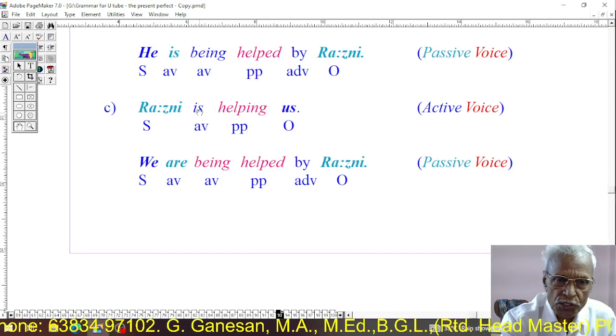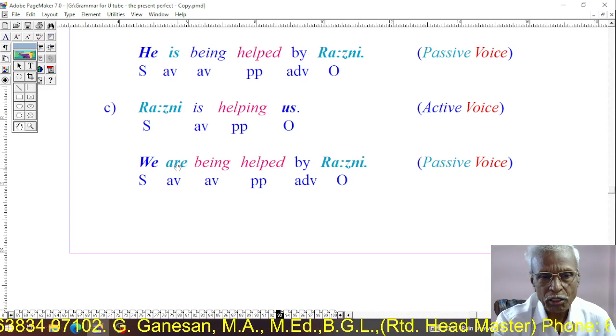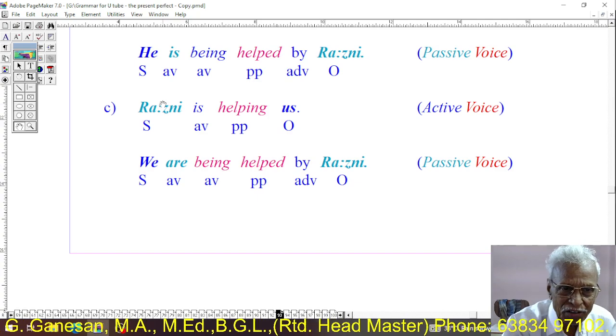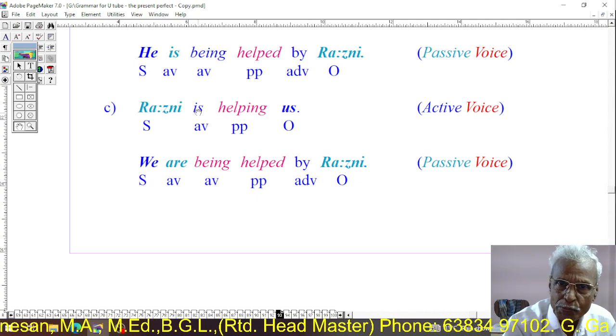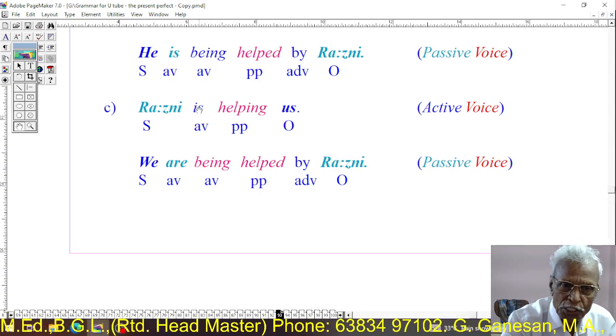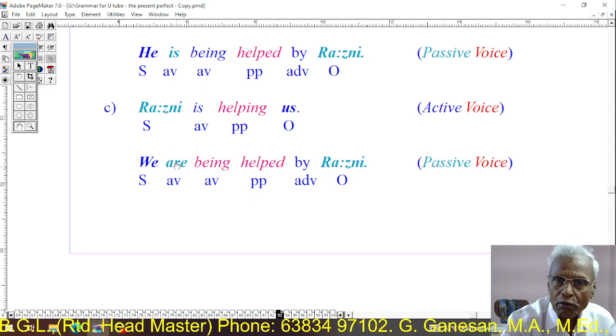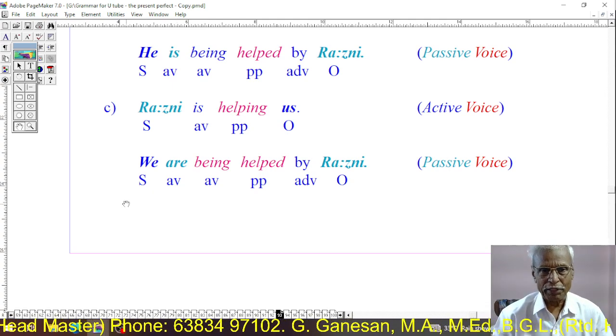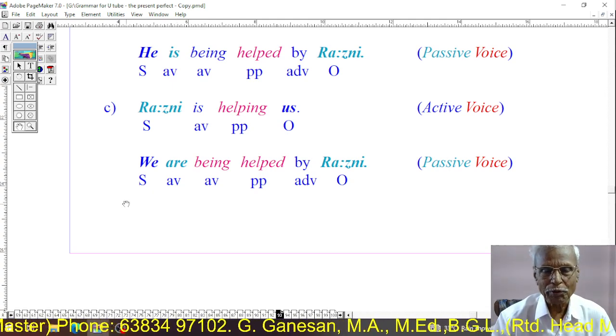So this is should be changed into are. Here, as it is Rani singular, is has been used. But as here the subject is plural, instead of is, are has been used here. Okay? Rani is helping us. We are being helped by Rani.